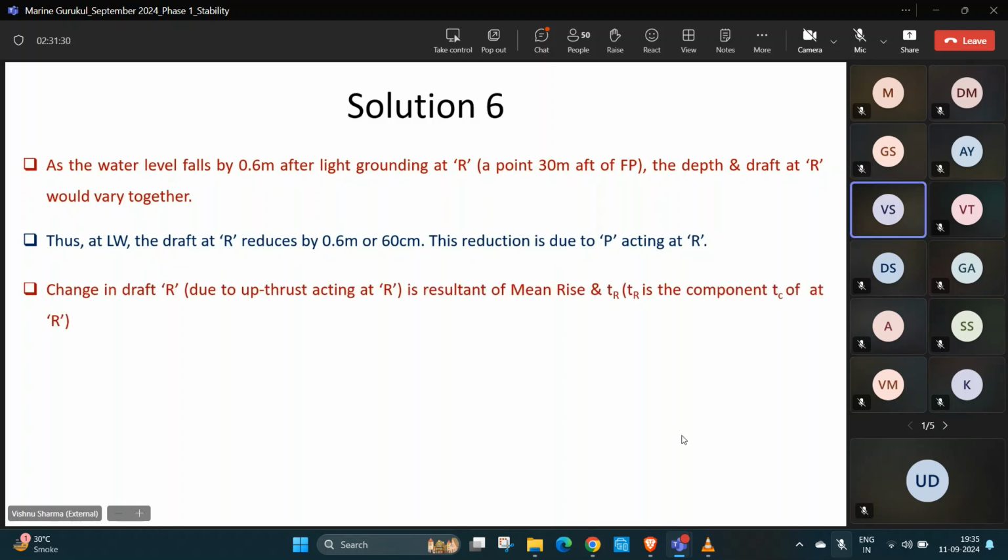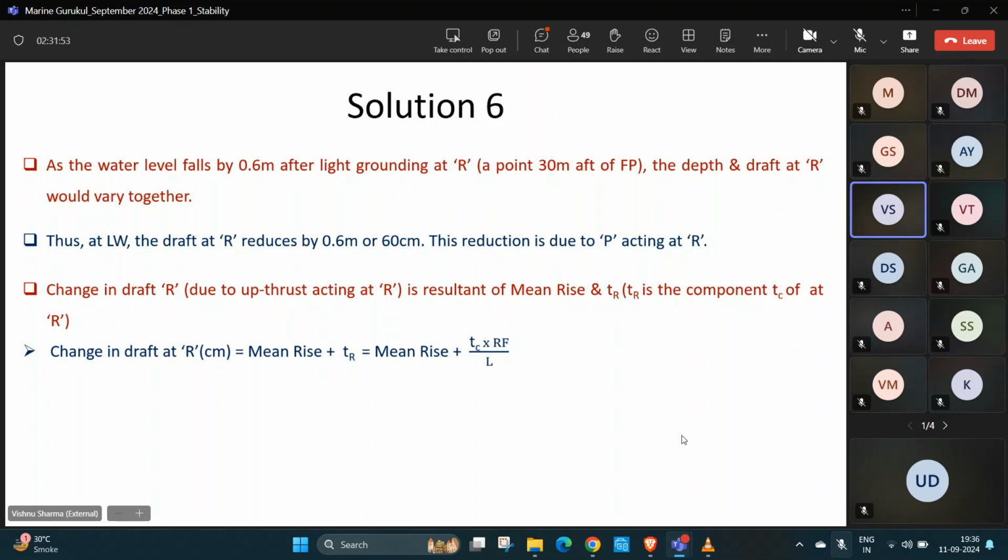Change of draft at R due to upthrust is the resultant of mean rise and TR. What is TR? It is the component of trim caused at point R. Like you have TA, TF, this is TR. Change in draft at R, 60 centimeters, is equal to mean rise plus TR.